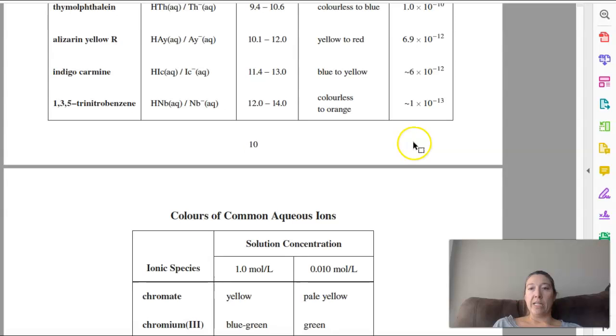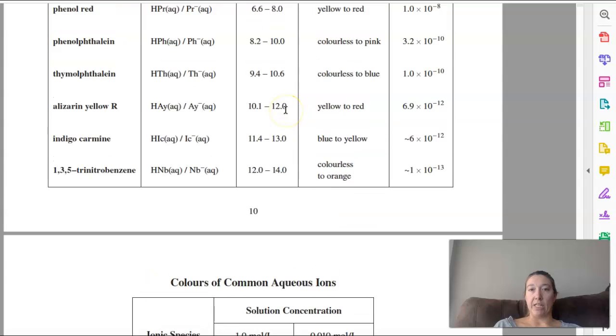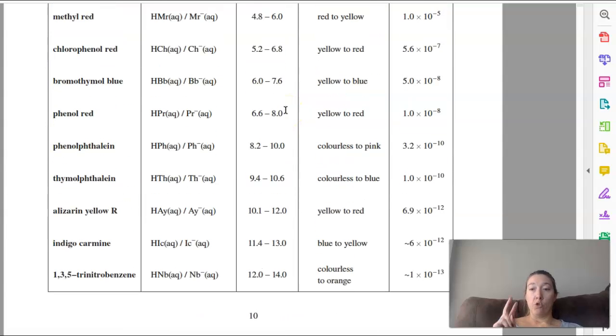And as we go all the way down to the bottom where we have the trinitrobenzene, it's got a Ka of 1 times 10 to the negative 13, and it's changing at a pH between 12 and 14. So the stronger the acid is, the lower the pH is at which it changes, whereas the weaker the acid is, and this is the weakest one because it has the smallest Ka, the higher the pH is at which it's going to change.